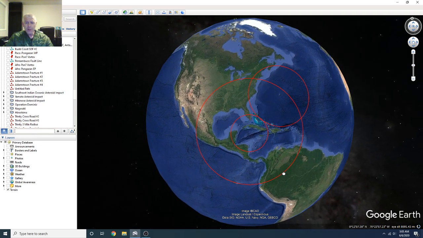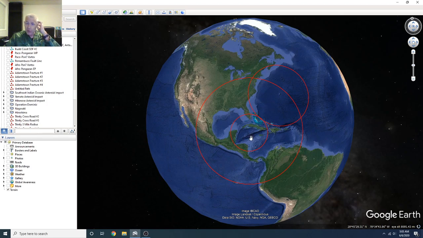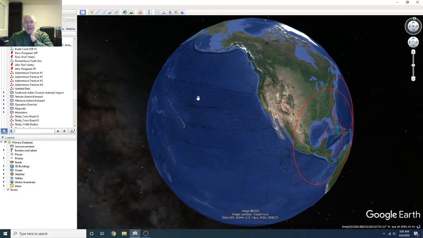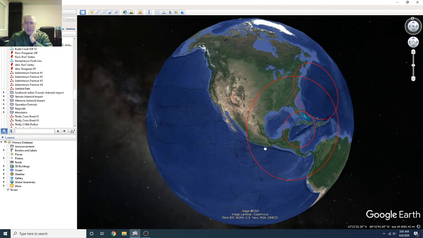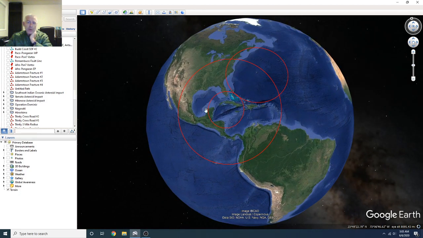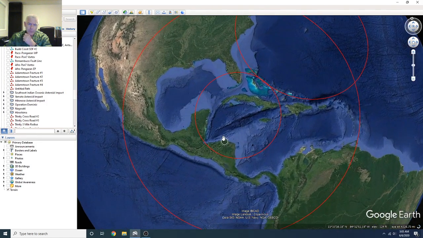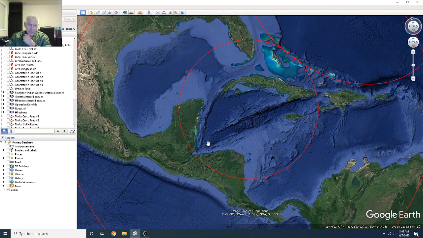Now the cool thing is, if you look at the size of this B2W and pop, it's really close to the size of the North Pacific Oceanic B2W and pop. Because I'm able to find the first blast ring here, if I zoom in on it, if that blast ring is cutting through the Yucatan Peninsula, that would indicate that the Yucatan Peninsula was there when this happened.